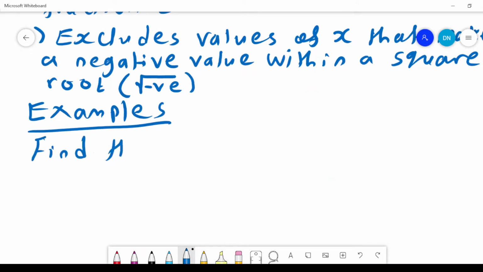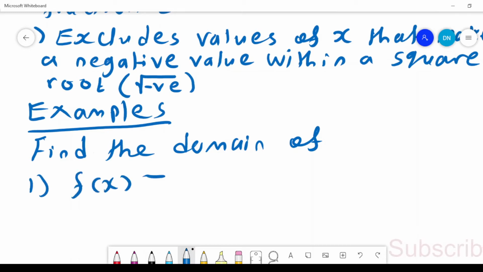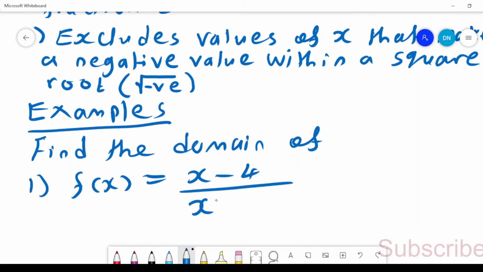Find the domain of number 1, f of x is equal to x minus 4 over x squared minus 9.